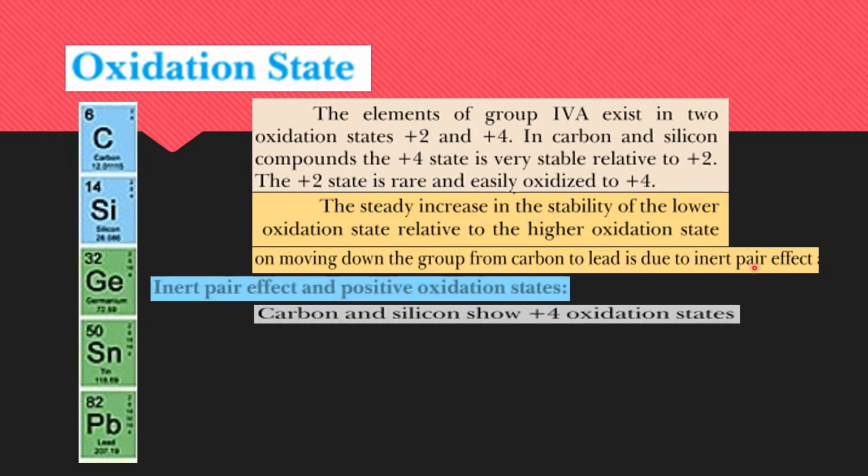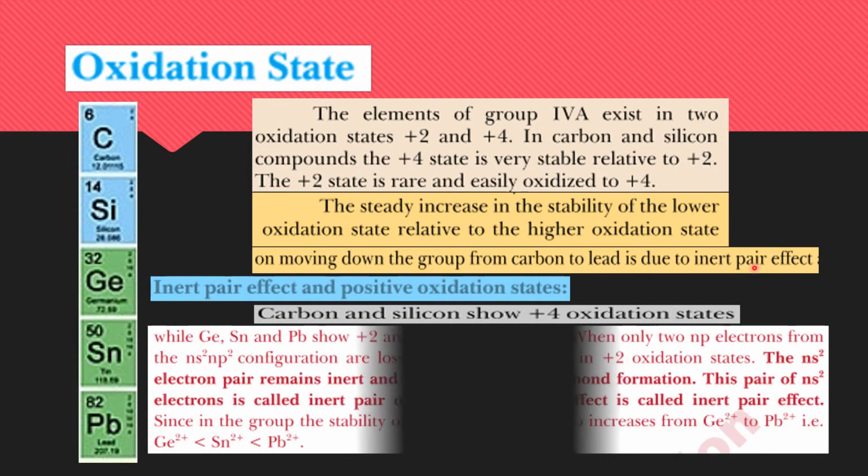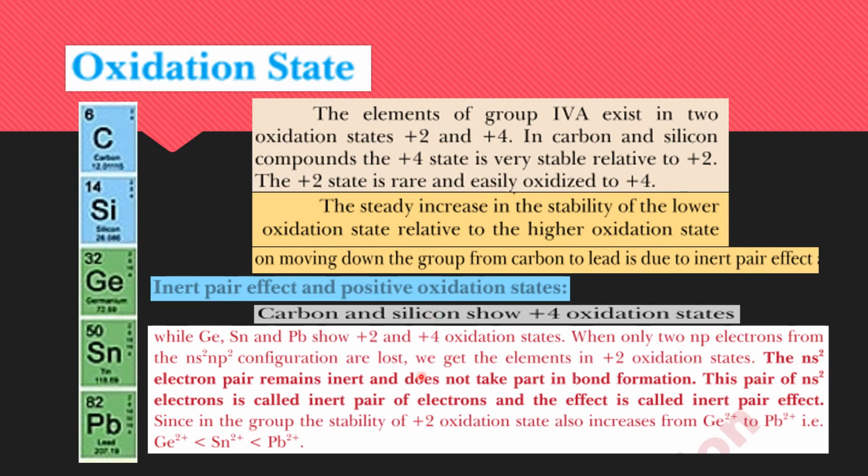And what is this inert pair effect? The valence configuration of this group is ns2np2. When these elements lose the p2 electrons, then they show the +2 oxidation state.